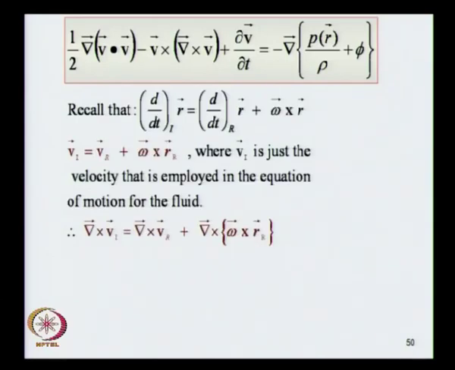Let me quickly remind you that in the rotating frame of reference, the time derivative operator, when it operates on a position vector, gives you the velocity in a rotating frame of reference, and to this, if you add the cross product of the angular velocity of the rotating frame with the position vector, you get the corresponding velocity in the inertial frame of reference. This is a result which we discussed in our previous class as well.